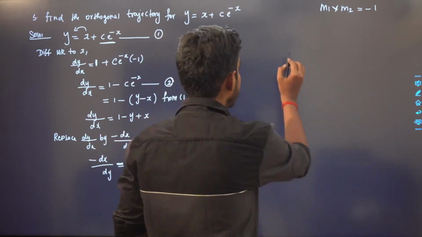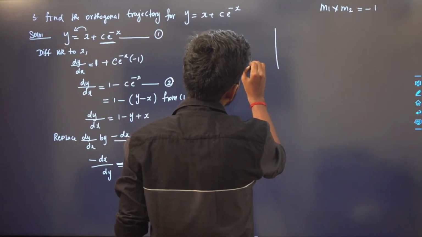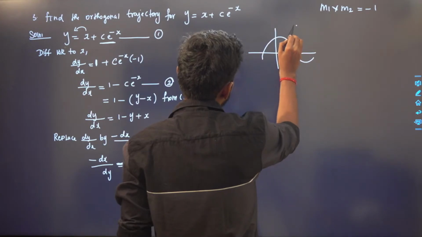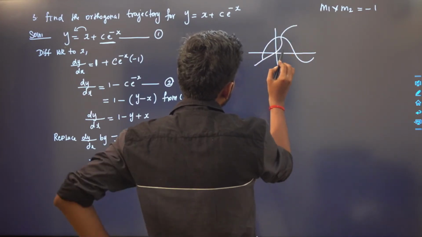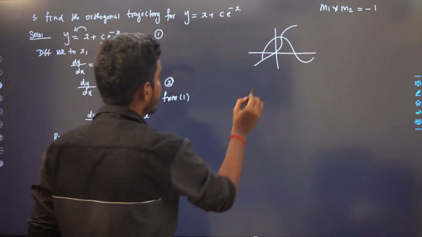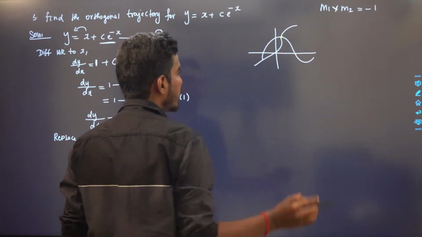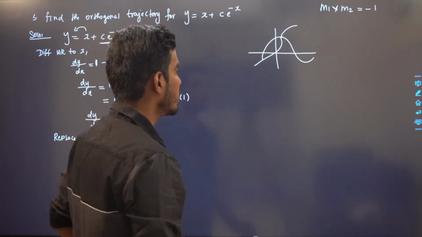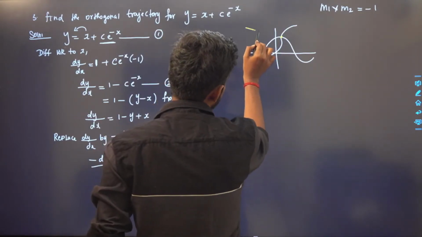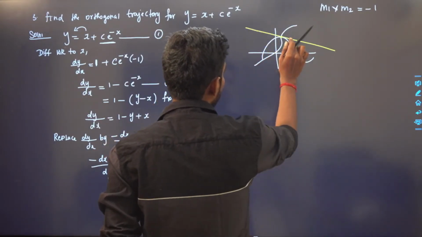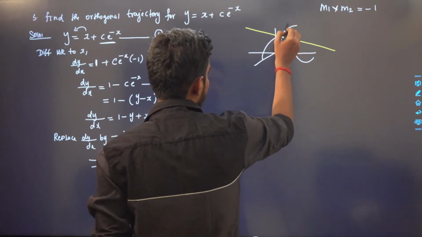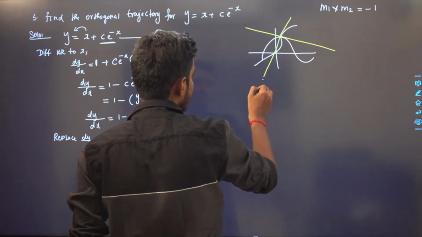For example, if I have two curves, this is the first curve and this is the second curve. Suppose we need to find the angle between the two curves at this point. For this curve the tangent line is this, and for this curve the tangent line is this.